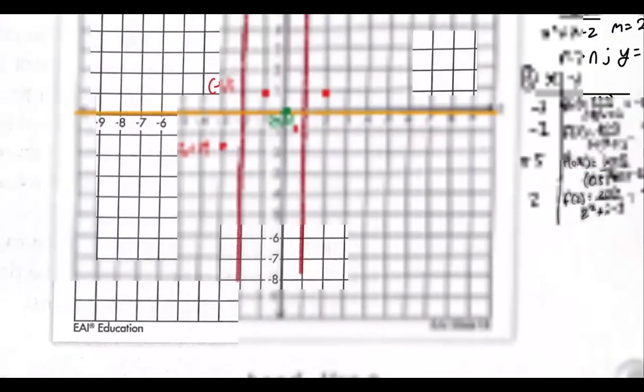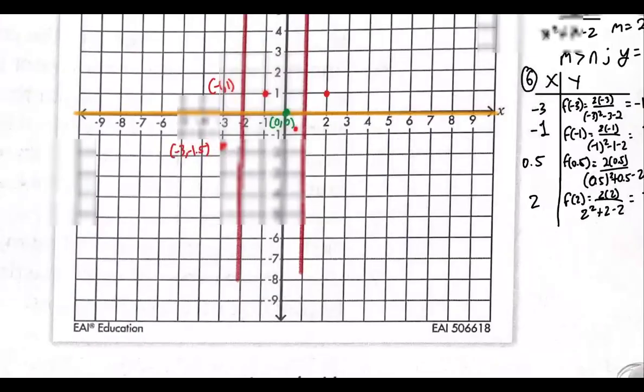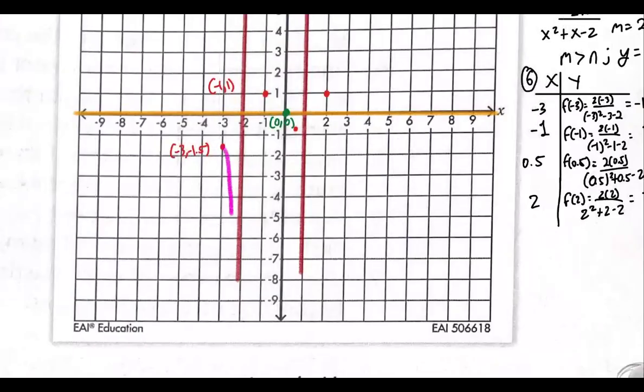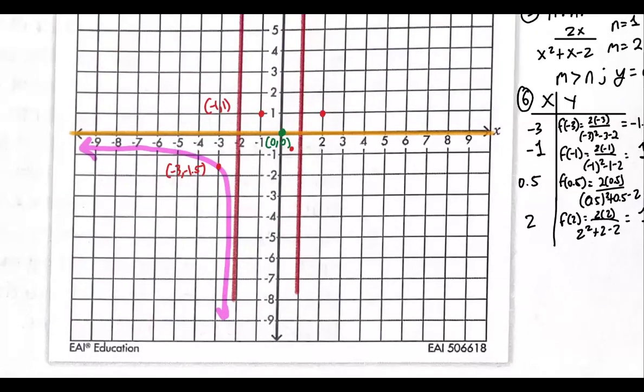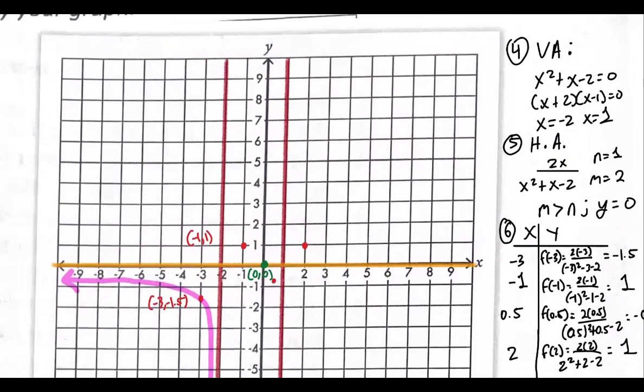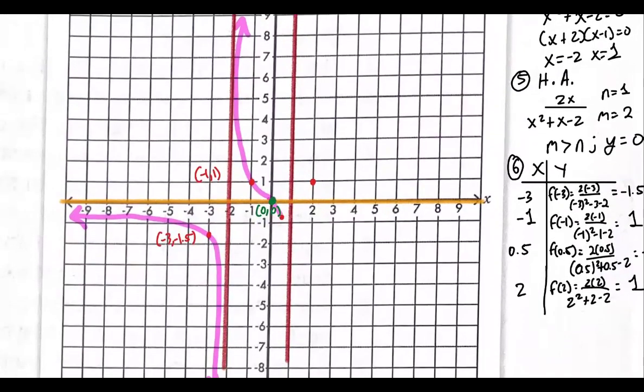For the left-hand side, we have something that looks like this. We know it's going to look like this because we have the boundaries. For the one in the middle, we know we have the x-intercept 0, 0, so it's going to bend and then bend right here.